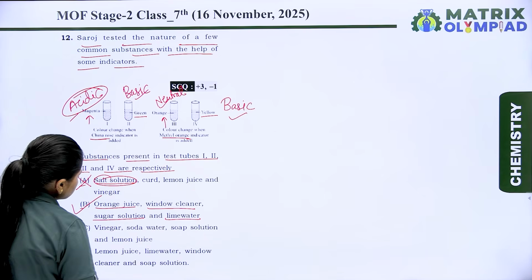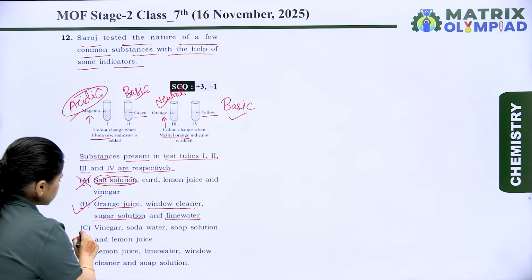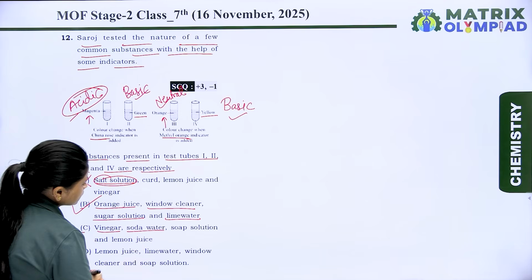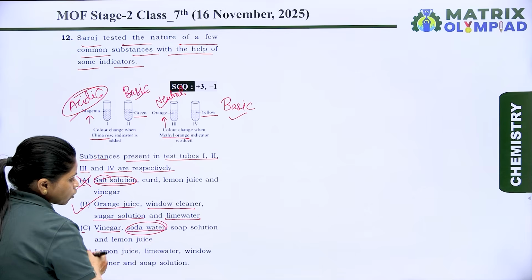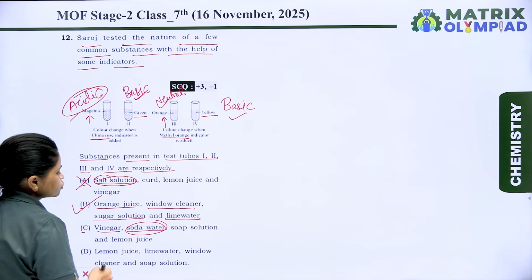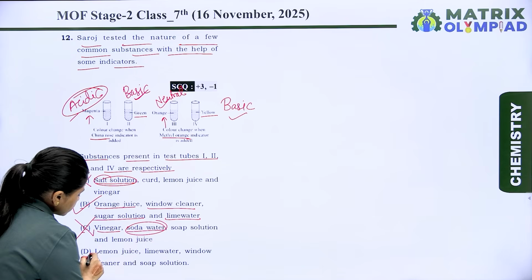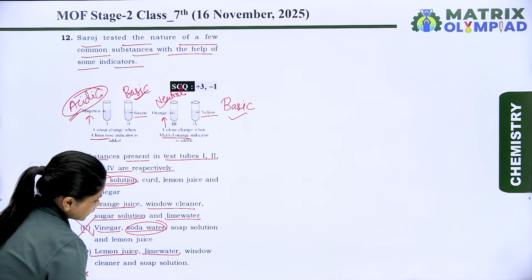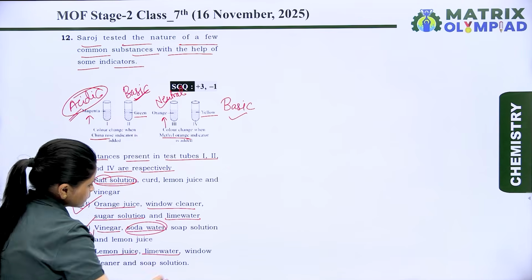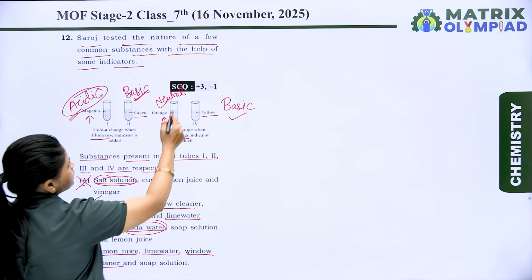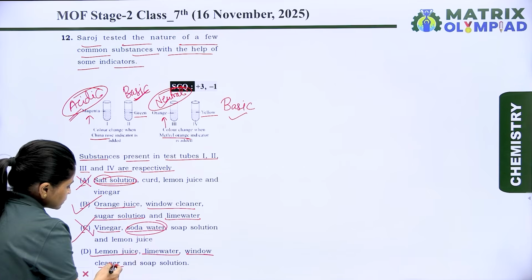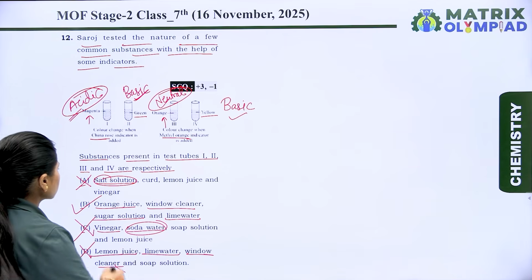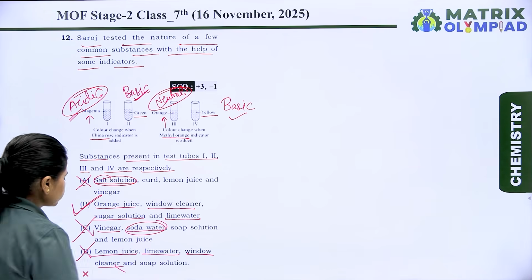So B option may be correct. C, vinegar, yes, can be taken as acid. Soda water, yes, soda water is not taken as basic medium, so it becomes wrong. D, lemon juice, yes, can be taken. Lime water, this is basic. Window cleaner, no, this is not neutral, this is basic in nature, so D option also becomes wrong. So the correct option is option B.